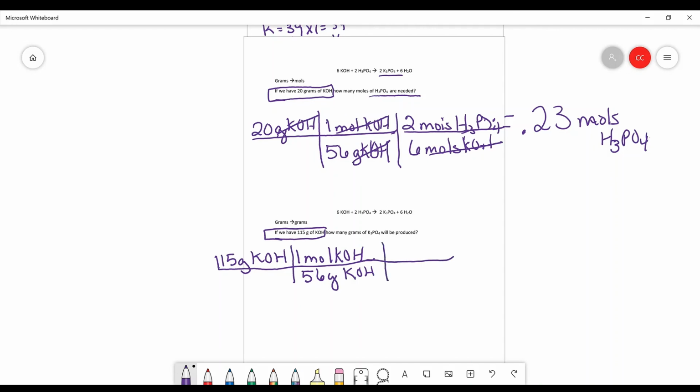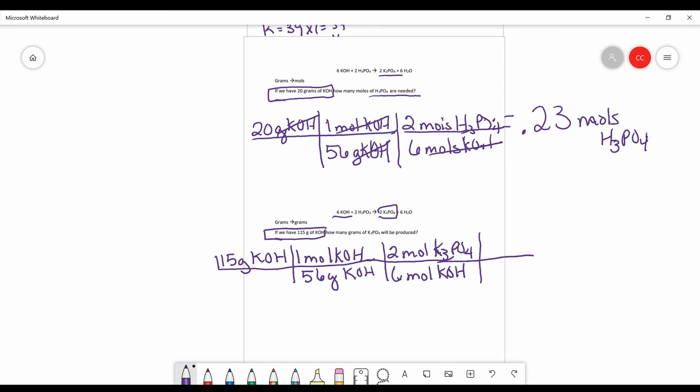And then we need to do the mole ratio so that we know how many moles of K3PO4 we need. Again, moles of KOH right here, 6 moles of KOH, and K3PO4 was 2 moles. And then we need to convert the moles. Now that we know how many moles of K3PO4, we can convert that to grams.